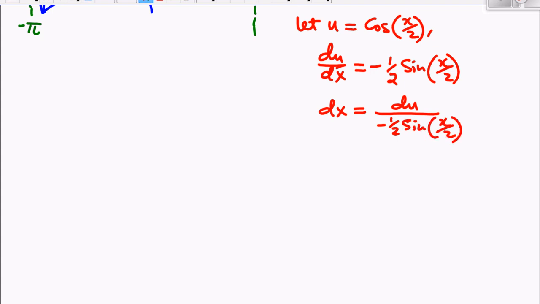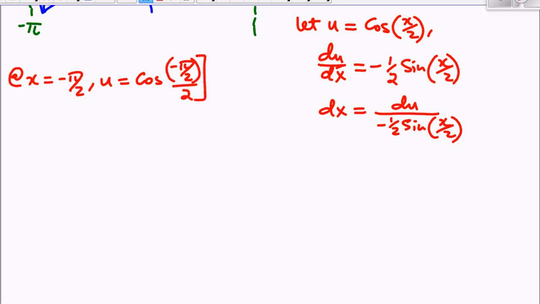Anyway, since we have a new variable, let's change the limits. So at x equals negative pi over 2, u will be equal to cosine of negative pi over 2 divided by 2.